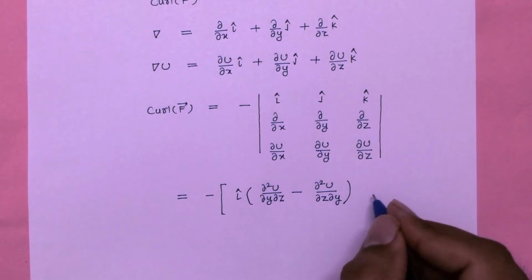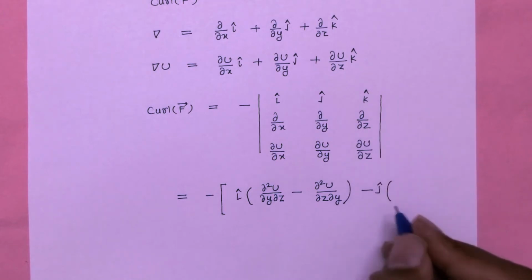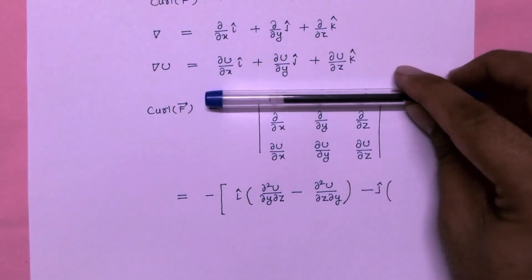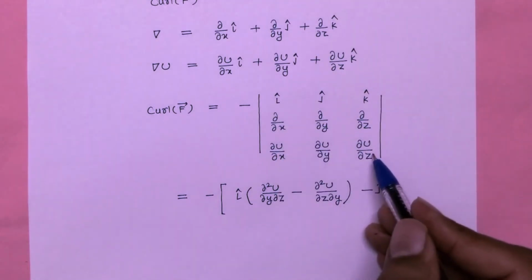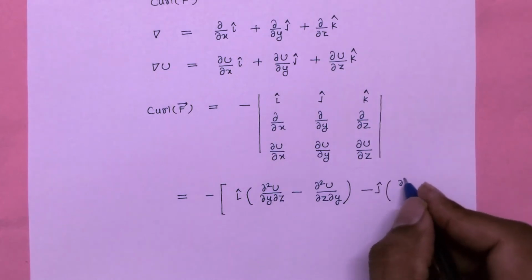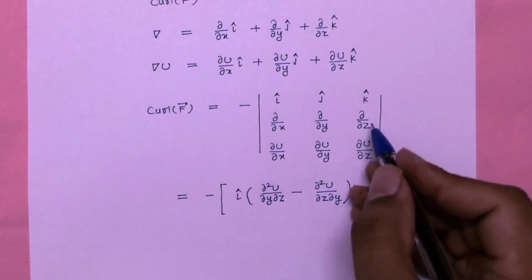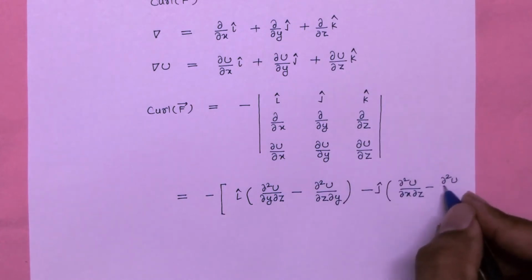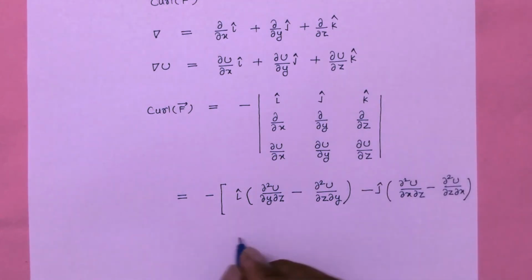Similarly, we will get minus j cap into the second row and first column, second column and first row, partial square u over partial x partial z minus partial square u over partial x partial z.